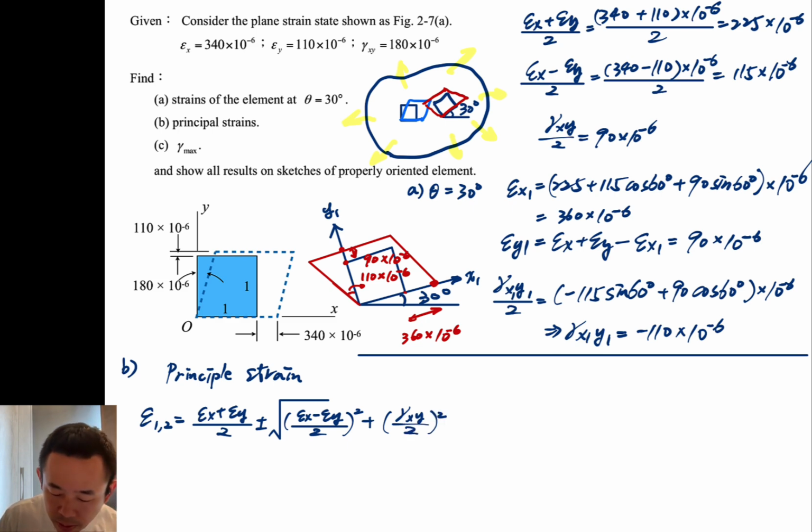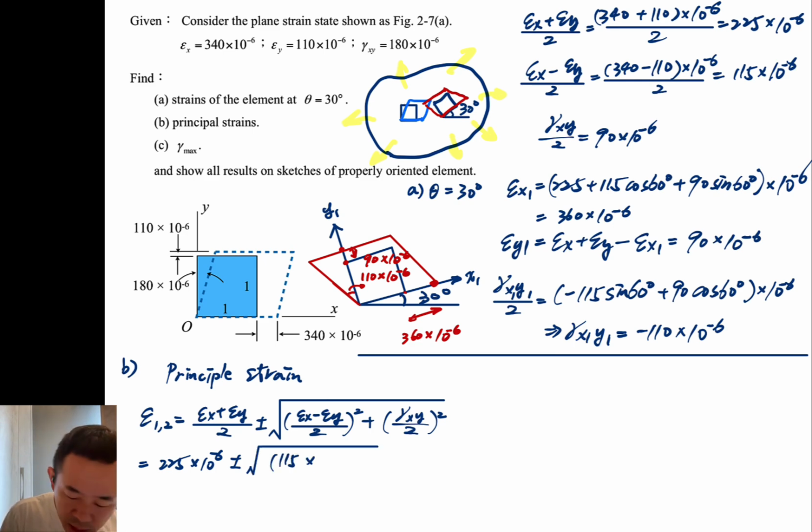So 225 times 10 to the minus 6, plus or minus the square root of 115 times 10 to the minus 6 squared, plus 90 times 10 to the minus 6 squared.